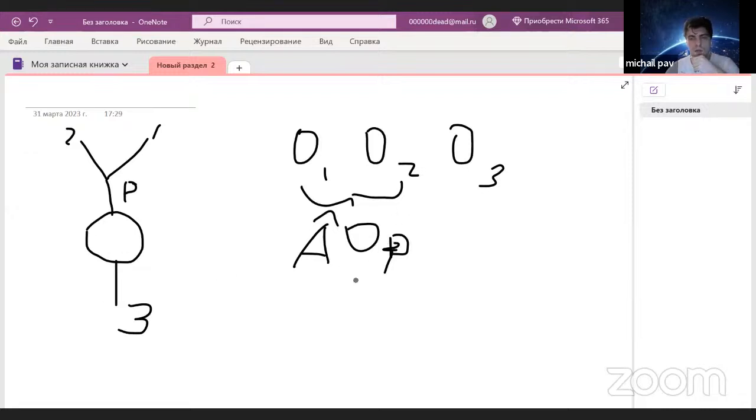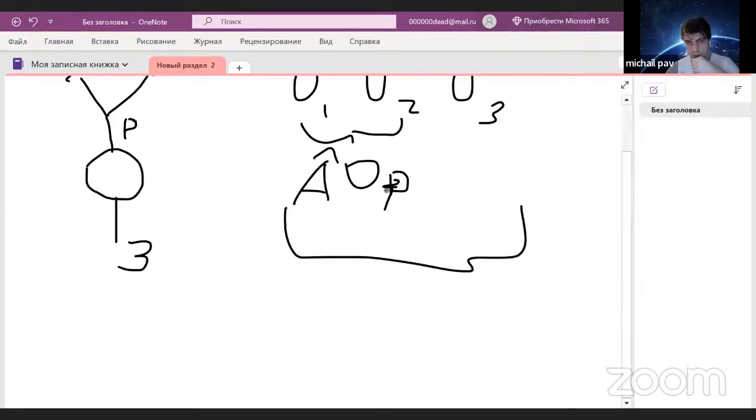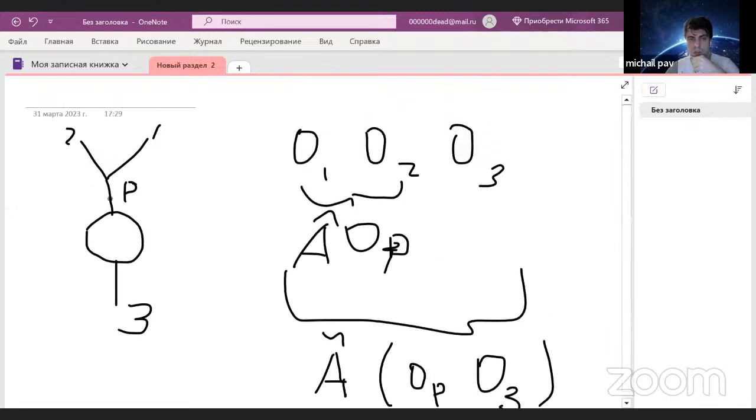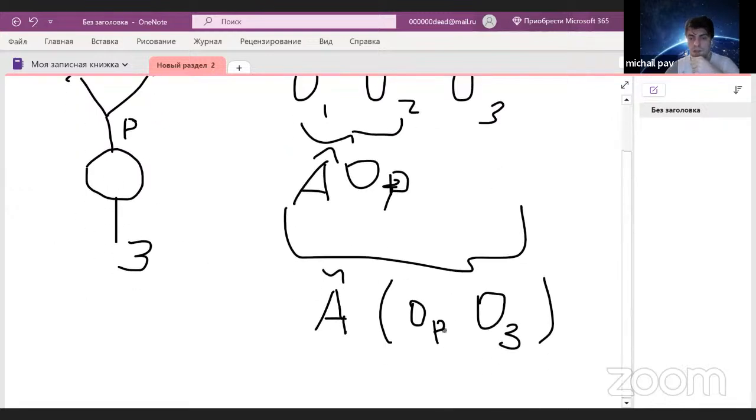The idea is simple: after taking this OPE, we could rewrite this operator product as this thing, which stands for this part of the diagram, and this is actually the necklace block.